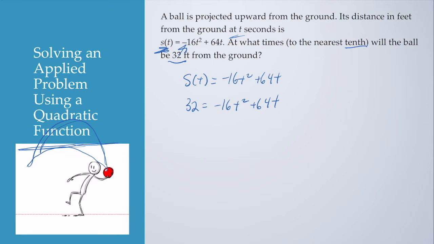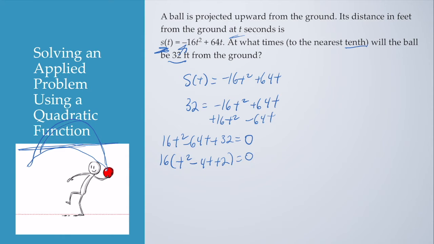I'm going to move everything to the left, so I get rid of that negative leading coefficient. So I have 16t squared minus 64t plus 32 is 0, and then I start to factor. Let me pull out the greatest common factor, which in this case is 16. Got t squared minus 4t plus 2 is 0.